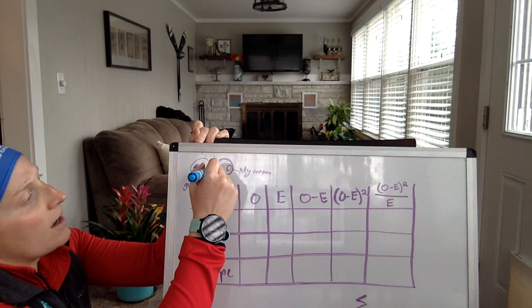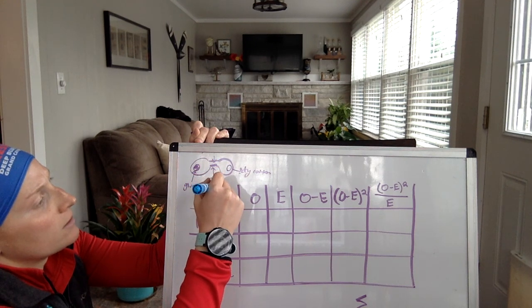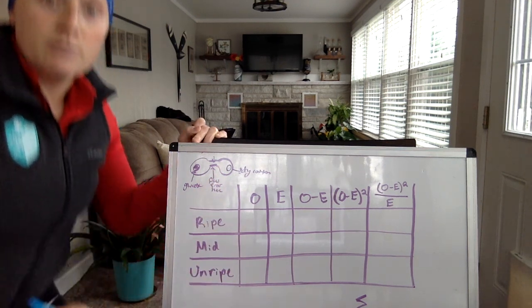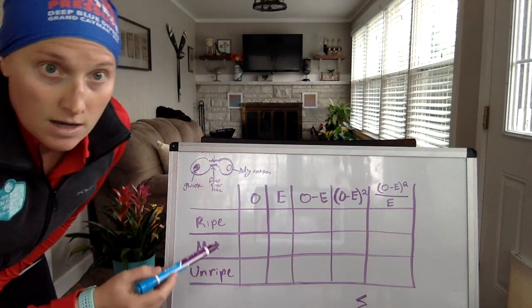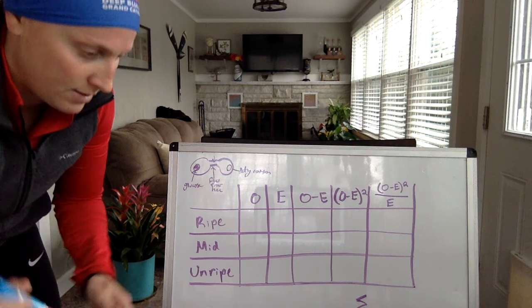So you have the middle section, the glucose section, and then the dry cotton section.